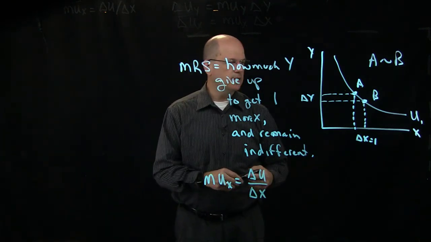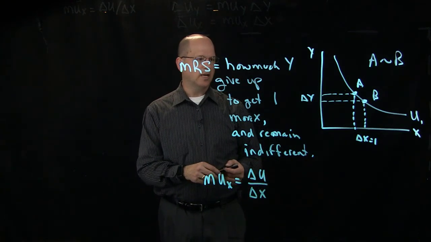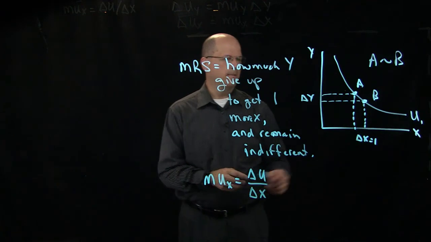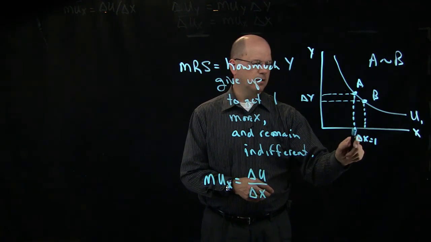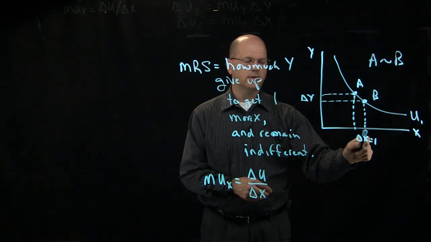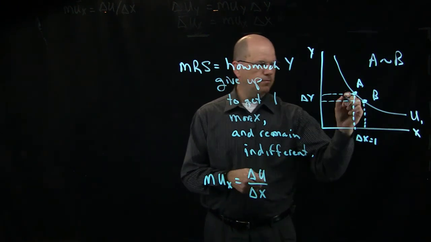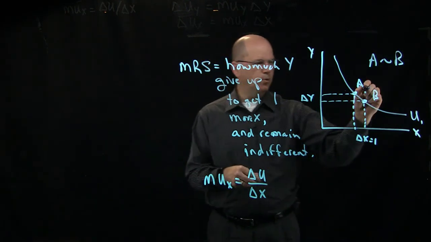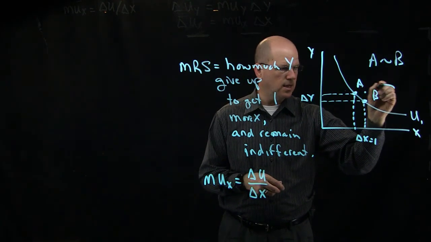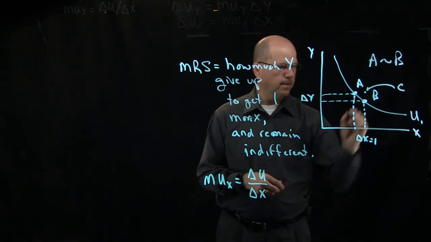So that tells us that if we only changed good X, and we went from here to here in terms of consuming, so instead of going to point B, we went to point C, right?